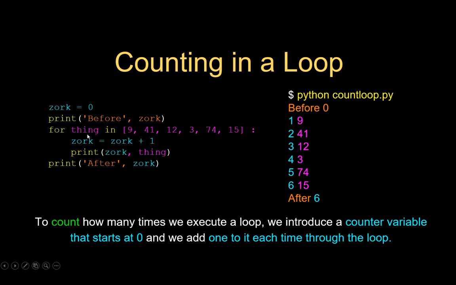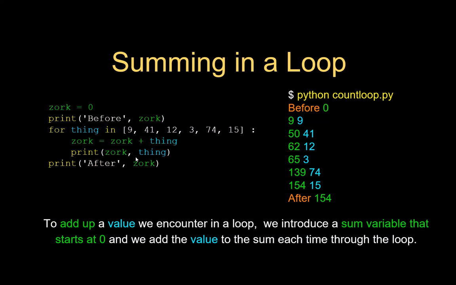This is just another example that in this loop we ran 6 times, and we can count how many times we run it. In this example we count the number of digits that we had in our for set.